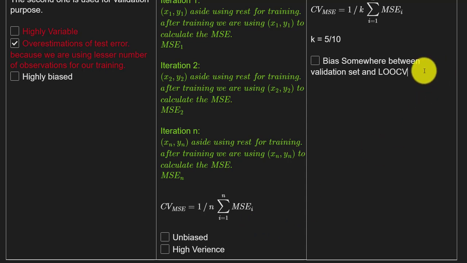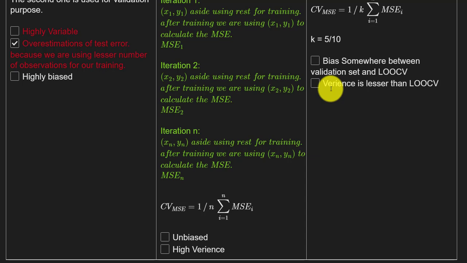Now if I talk about k-fold, as we are using k groups, compared to LOOCV, these outputs will be less correlated, right? So that means its variance is lesser than LOOCV.